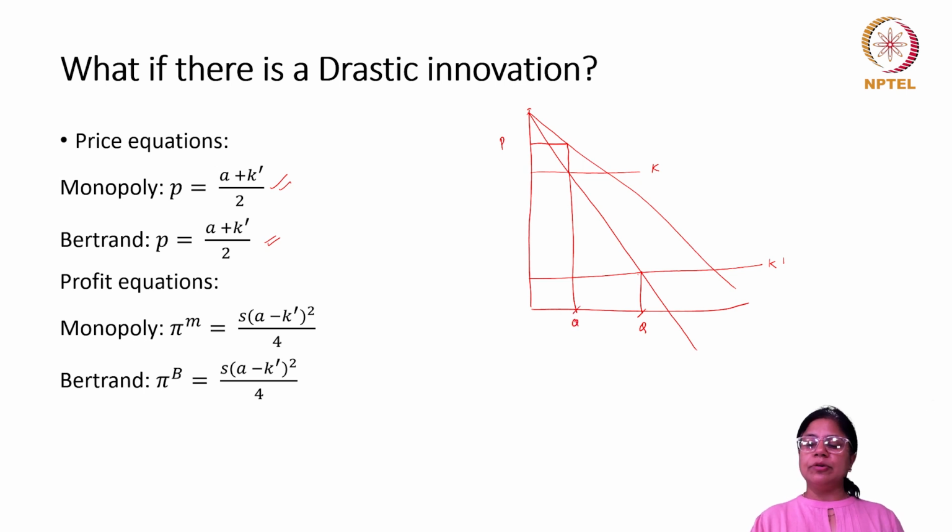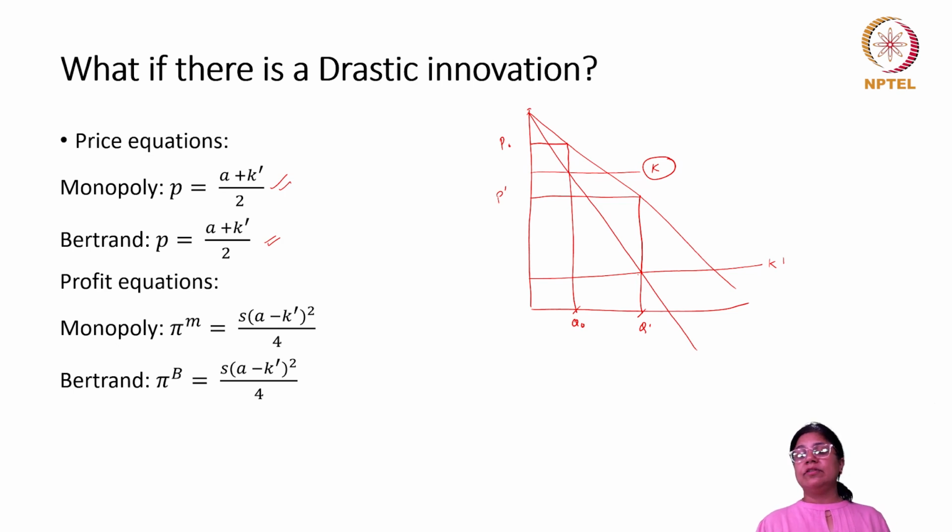Once it decides that, it will go with the price to be charged in the market depending upon the demand circumstance. And here you can see that the new price, that is P prime, is lower than the cost K.